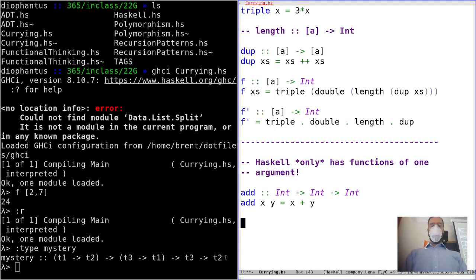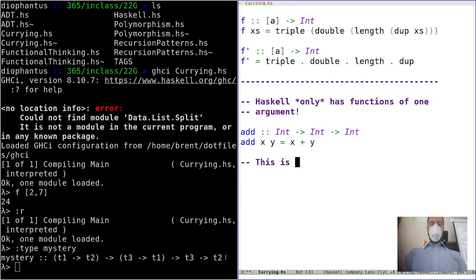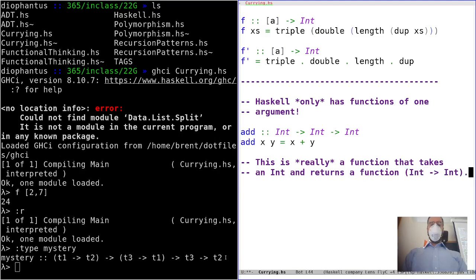Okay. So we've been calling this a function that takes 2 arguments. However, this is really a function that takes an int and returns a function from int to int.